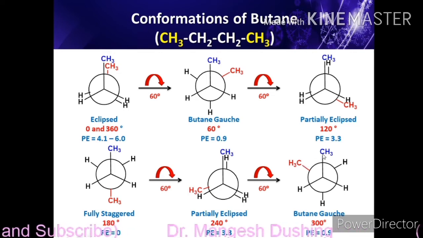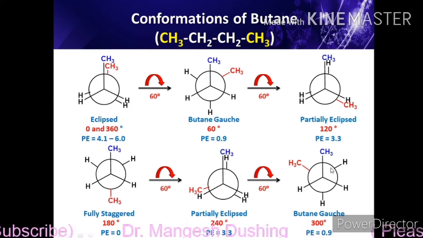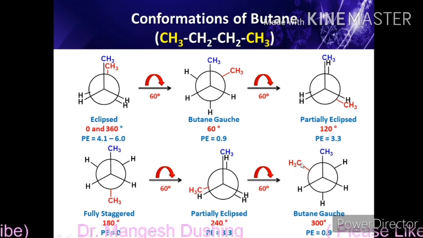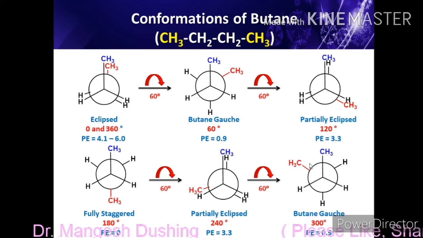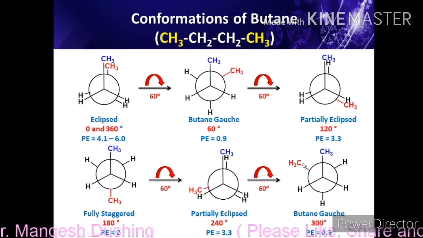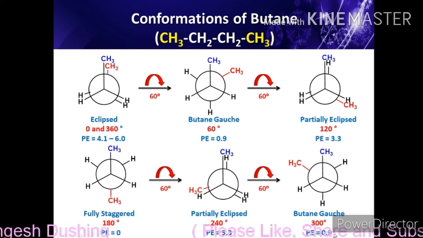If we consider this the first atom, second atom, this third carbon is the rear carbon atom, and this is the fourth atom, then the first and fourth atoms make an angle of 60. There will be some interaction, torsional strain. That torsional strain is called butane gauche interaction. Because of this interaction, energy rises around 0.9 kilocalorie per mole.